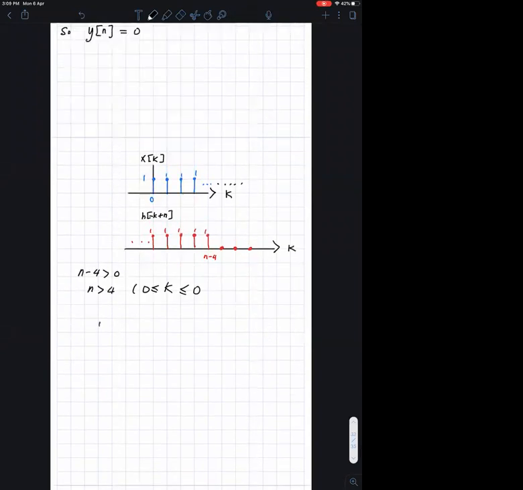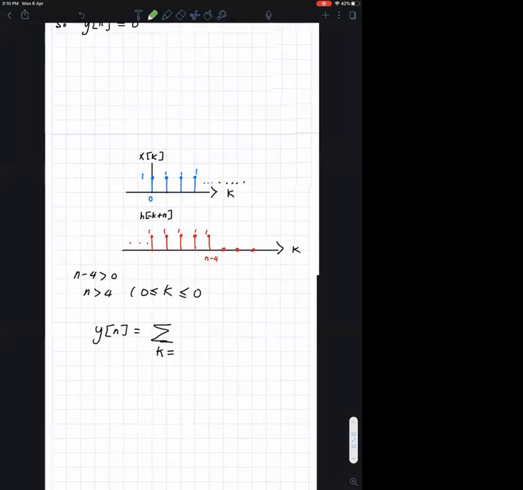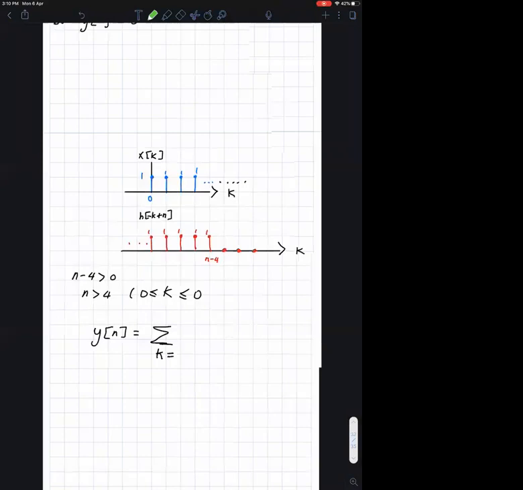The y of n is the summation over k. What is the lower limit we are looking at? When they overlap, which one controls the lower limit?